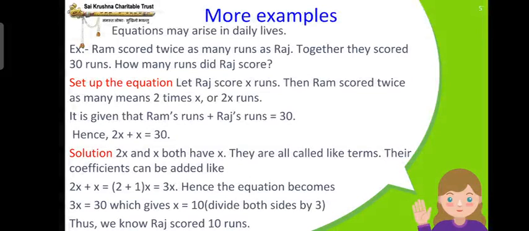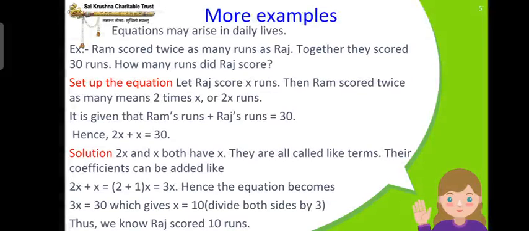So let's look at one more example. Equations may arise in daily life. Example: Ram scored twice as many runs as Raj. Together they scored 30 runs. How many runs did Raj score? Let's assume that Raj's score is x runs.